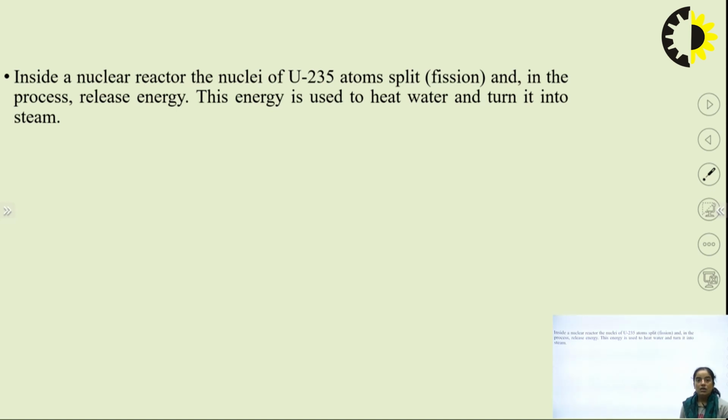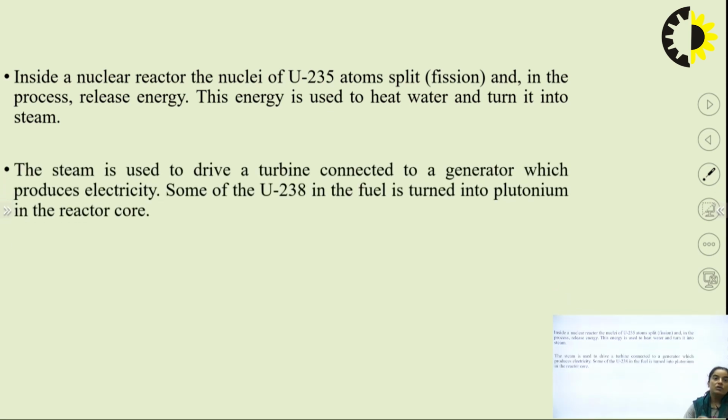This energy is used to heat water and form steam. The steam is used to drive a turbine connected to a generator, which produces electricity.